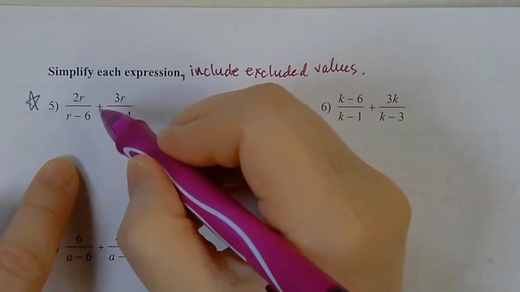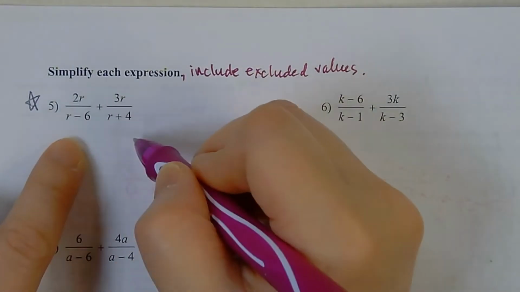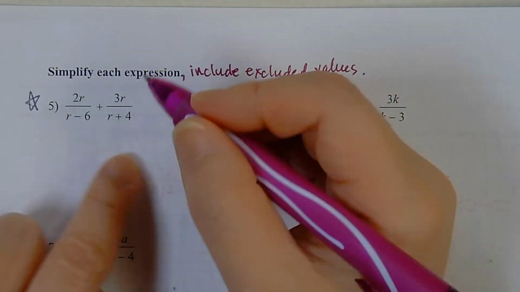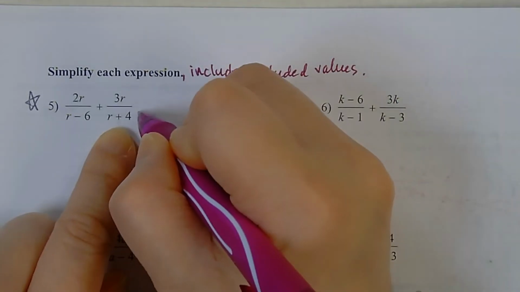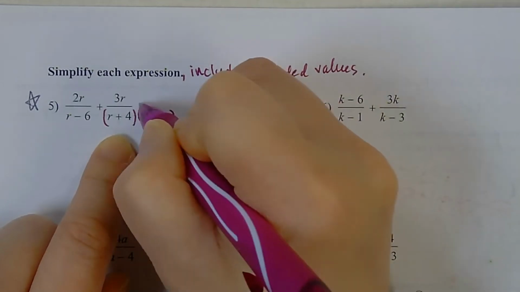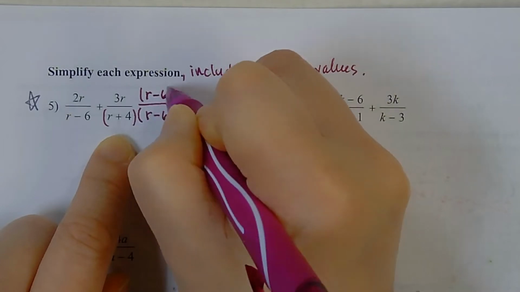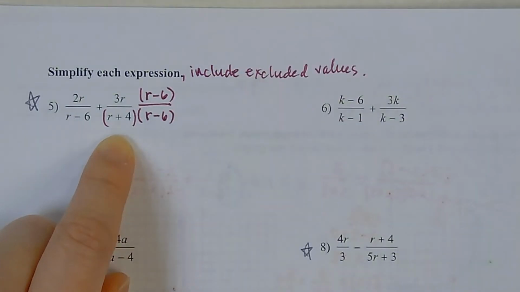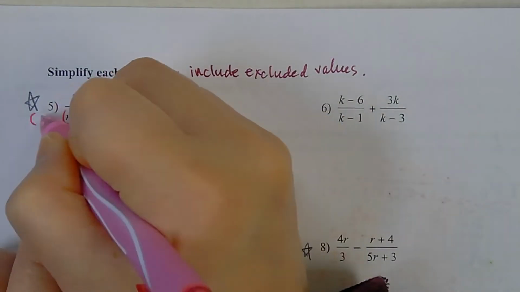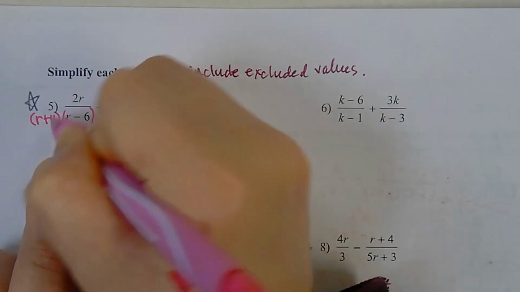All right. If I want to add these, remember I need to have common denominators. There's nothing the same about them. So I know that I'm going to have to multiply this r plus 4 with r minus 6, and I have to multiply this r minus 6 by r plus 4, right?